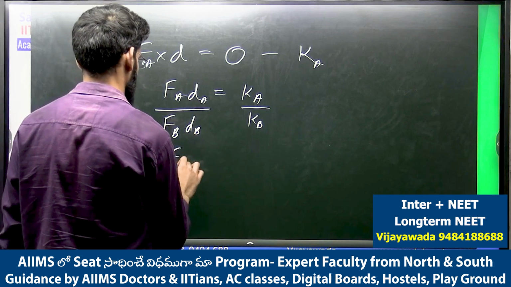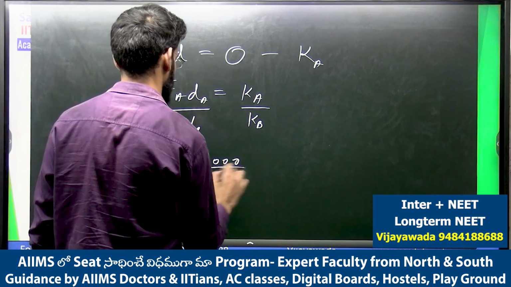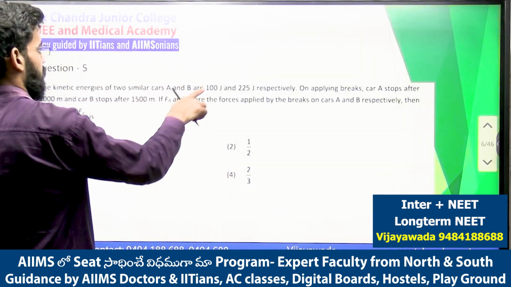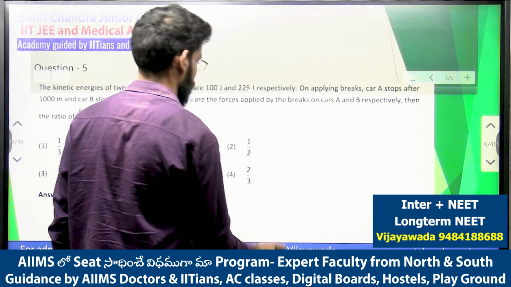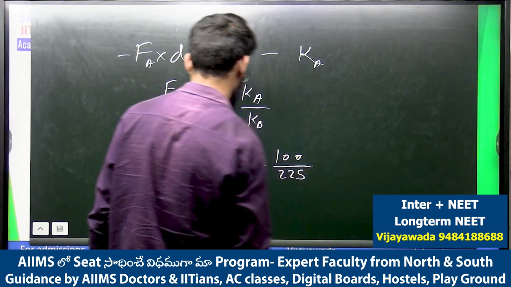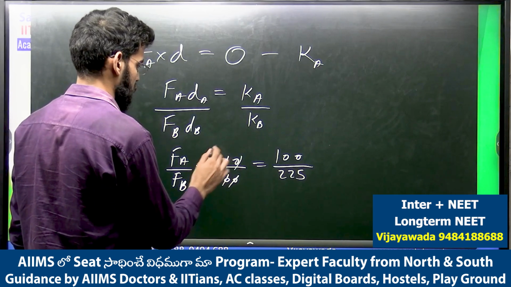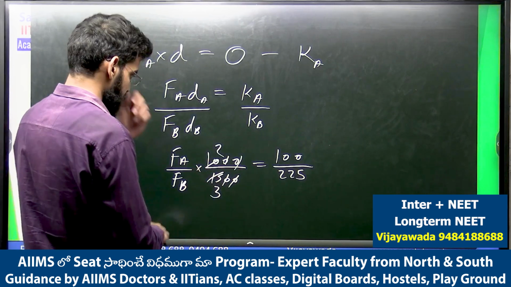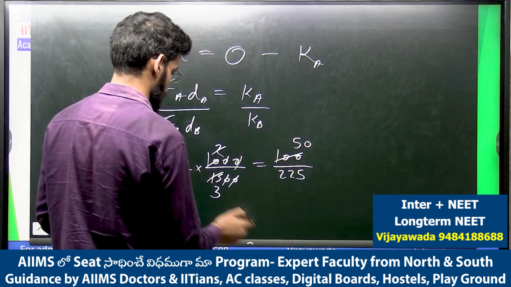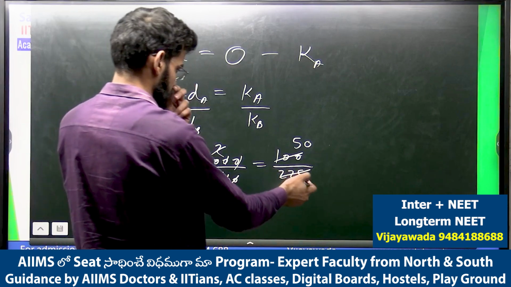So this is FA by FB you want into 1000 over 1500 is equal to KA, KA is given 100 and KB 225. So this is 100 and 225. Now cancel out 0, 0, 0, 0. This is 2, this is 3. This is 50. And this is 3. 3 times if you cancel out, this is 21, 7.